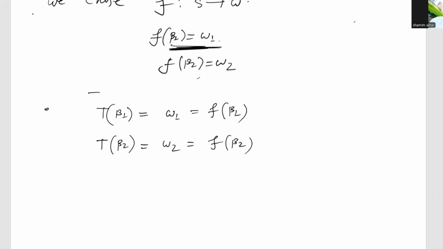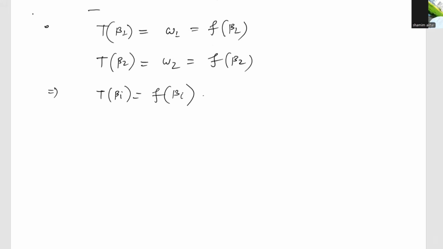This implies T of beta i equals f of beta i, so every basis element has the same image.